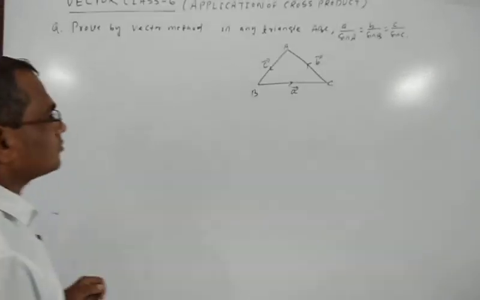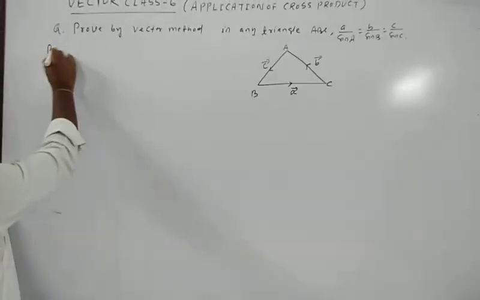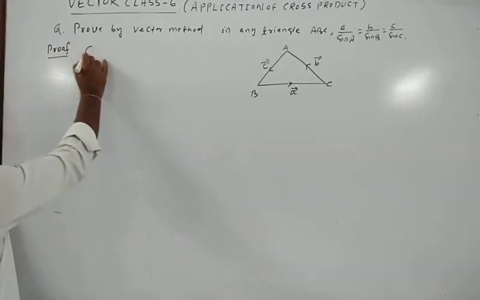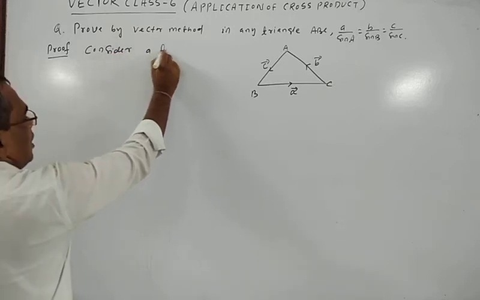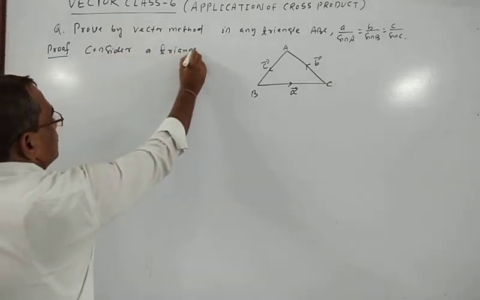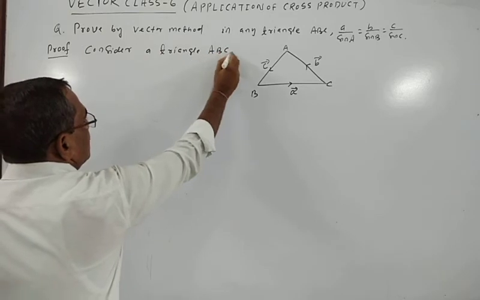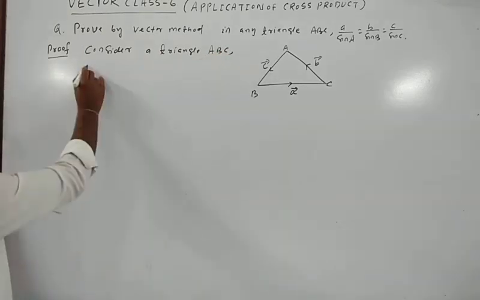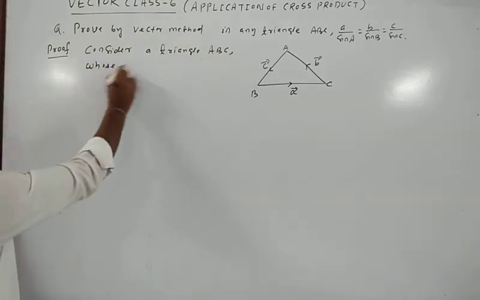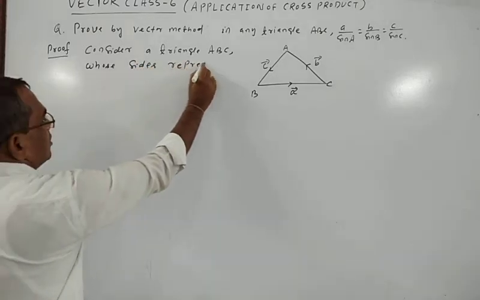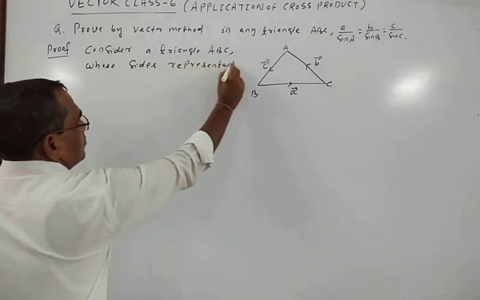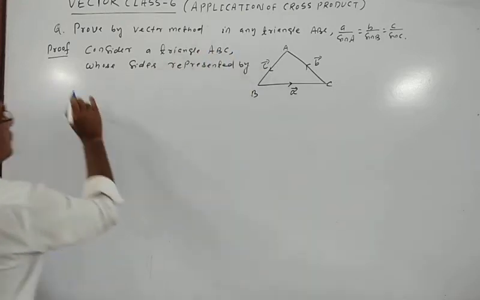Proof: consider a triangle ABC whose sides are represented by vectors.